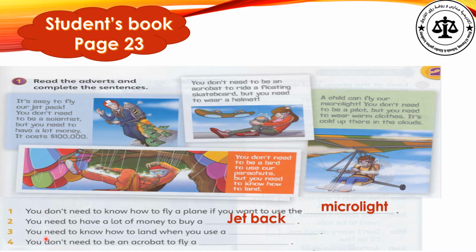Number 3. You need to know how to land when you use a... It's necessary to know how to land. In which advert? Excellent, when you use a parachute. And the last one, you don't need to be an acrobat to fly a... Bravo, a floating skateboard. Floating means عائم أو يطوف.